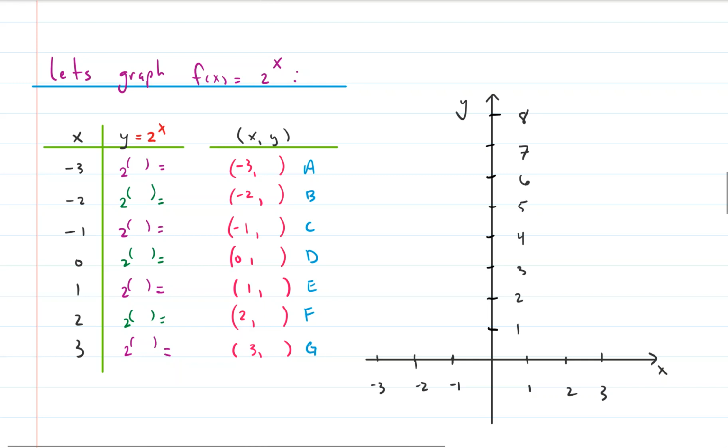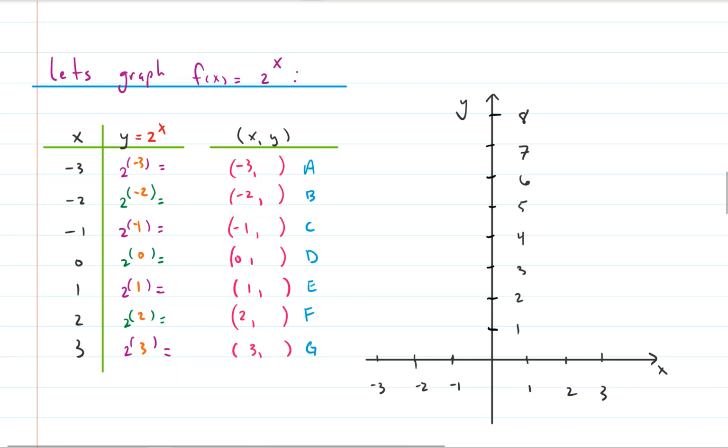So if we wanted to evaluate our function, which is 2 to the x at x equals -3, then we would need to put in -3, 2 to the -3. Actually, let's put in -2 here. Let's put in -1. Let's put in 0. Let's fill all these out really quickly. 1, 2, and 3. So what do we get out of this?